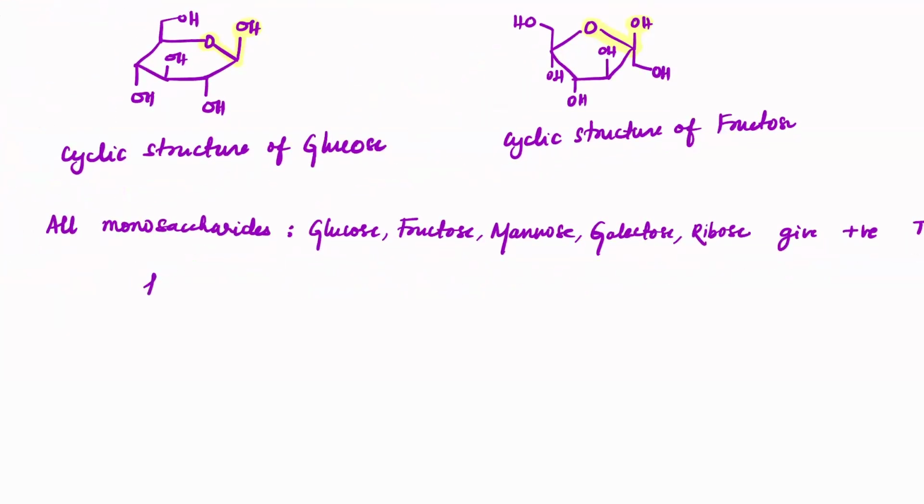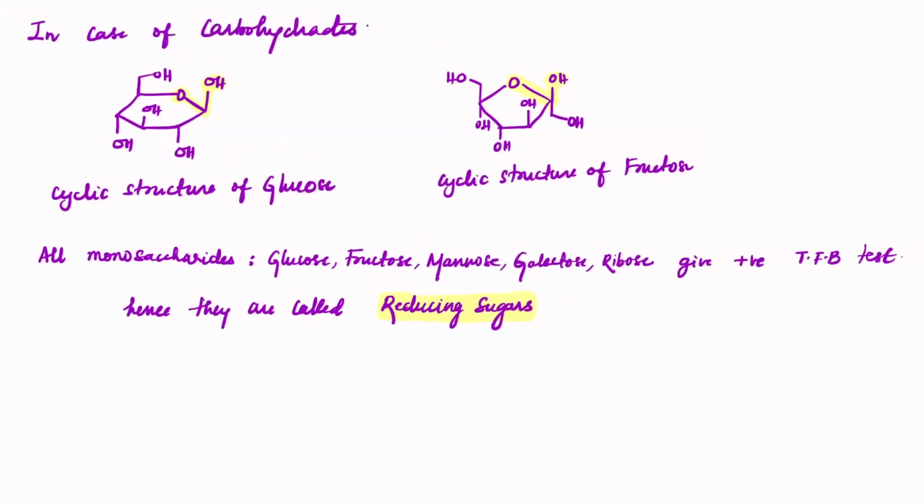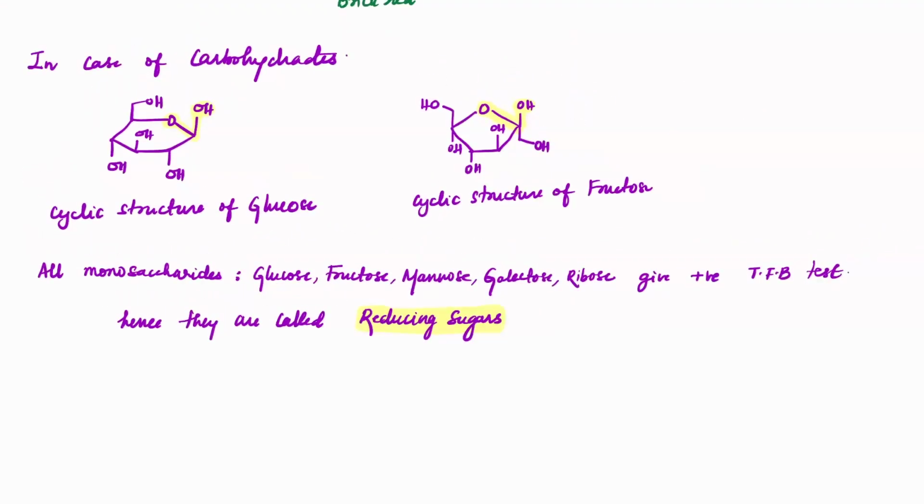Hence, all these sugars are called reducing sugars. They are called reducing sugars because they will reduce the silver salt or copper salt from Tollens, Fehling's, or Benedict. So all of them will give positive test. Everybody. Glucose, fructose, mannose, galactose, ribose, and so on.